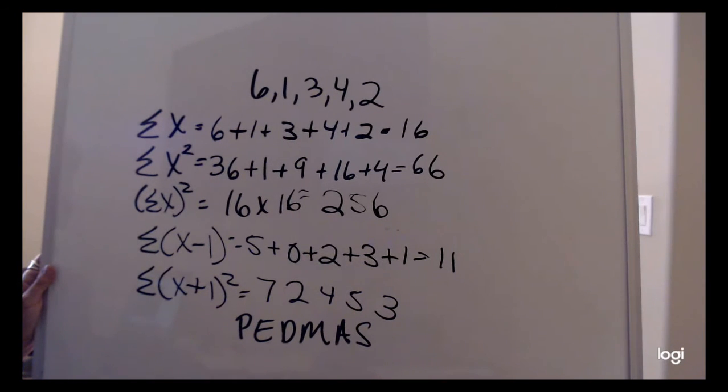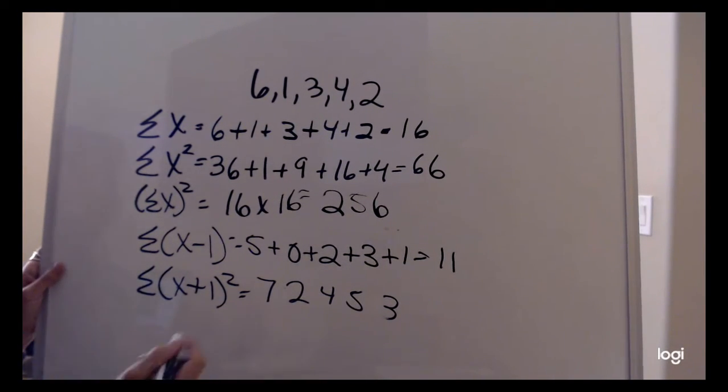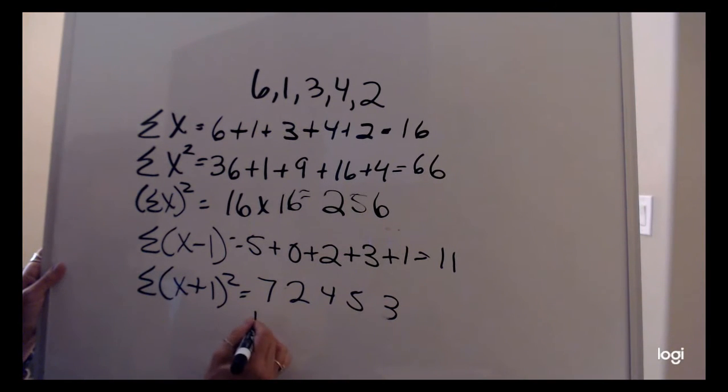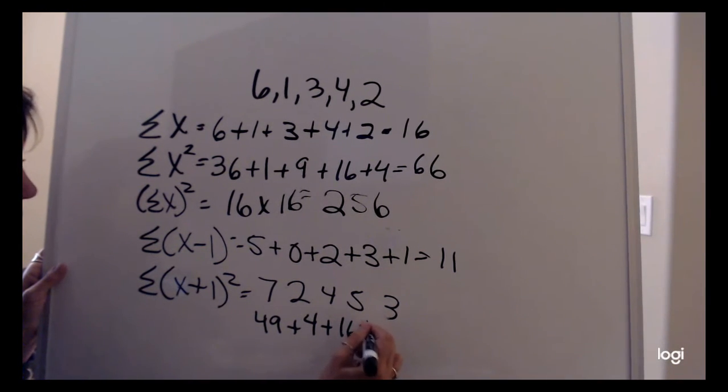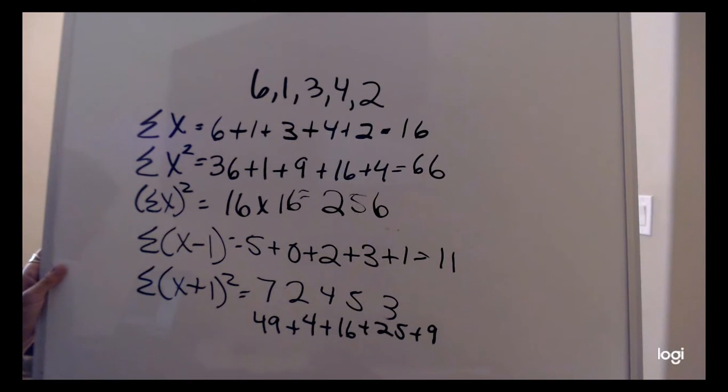But we're not done. We still have to do something else. And that is to then square the scores. So I'm going to get rid of this here to make room. We're going to square each score and then we're going to add it up. So 49 plus 4 plus 16 plus 25 plus 9 is going to give us a total of 103.